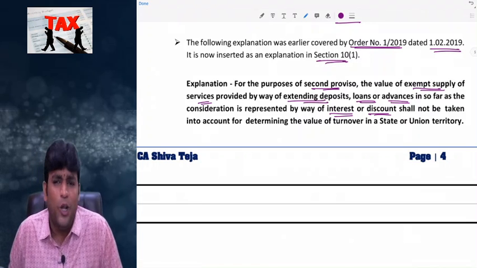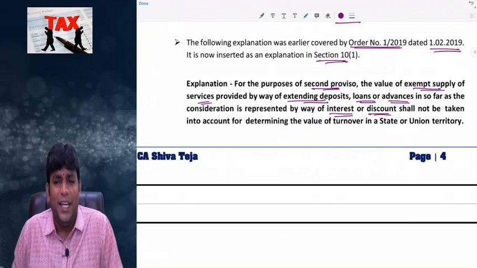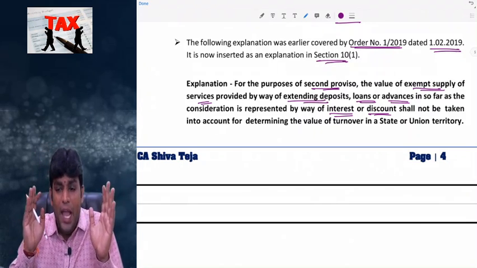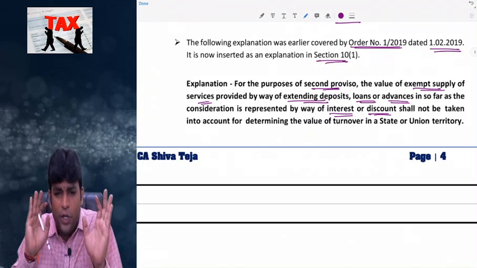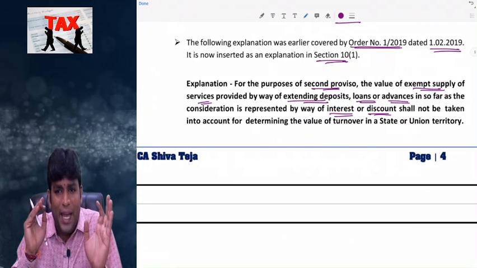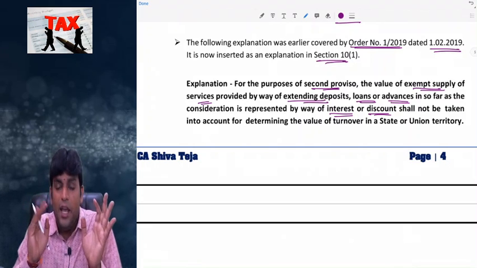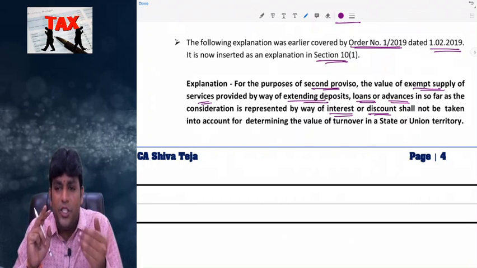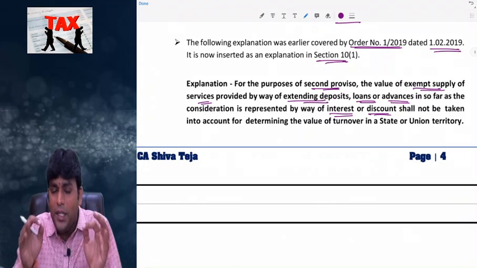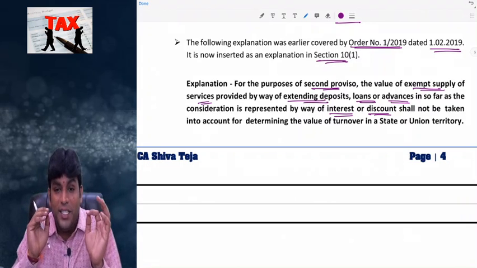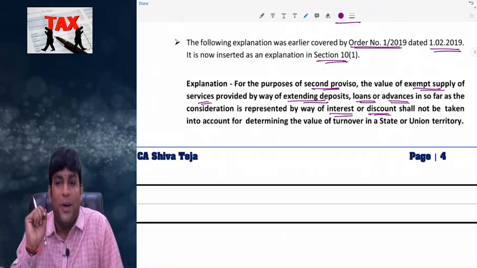This point was there before also. That means very clearly in composition scheme, while calculating aggregate turnover, the value of exempt supply by way of extending deposits, loans or advances, where the consideration is interest or discount, is not taken into account for determining the value of turnover.